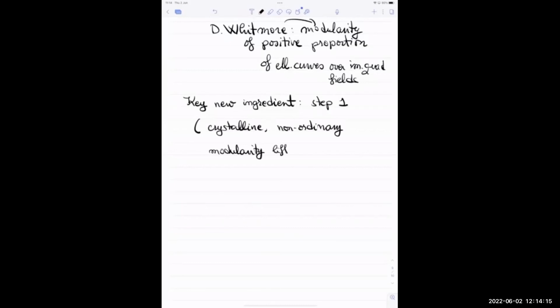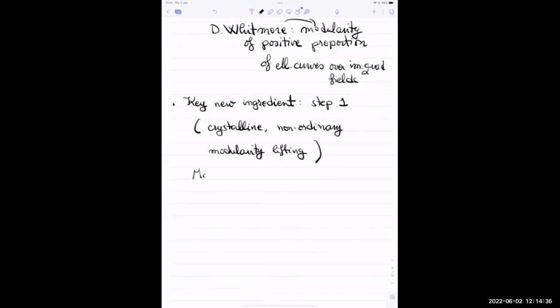That's the thing that was not available in 2019 when Allen-Khare-Thorne proved their residual modularity results. And for doing this, the key obstruction was proving a local-global compatibility.